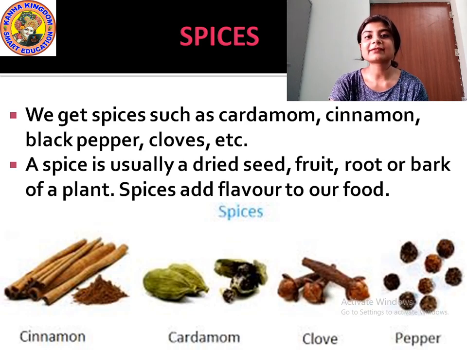The examples of some spices are cinnamon, cardamom, cloves, then black pepper. Understood? Cardamom means elaichi, cloves means laung, that we eat.